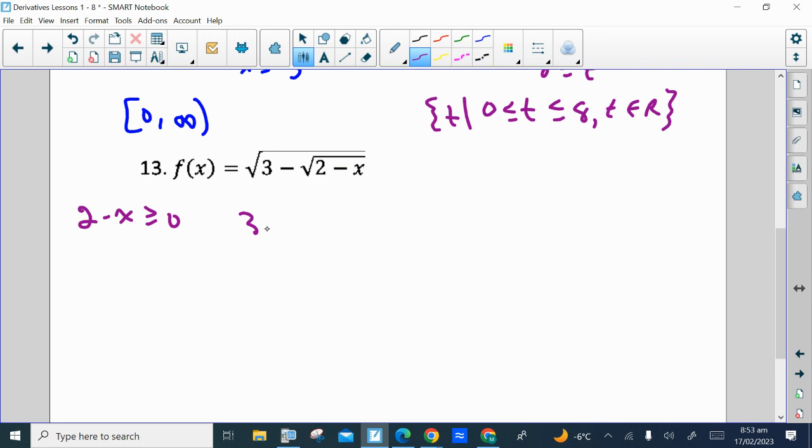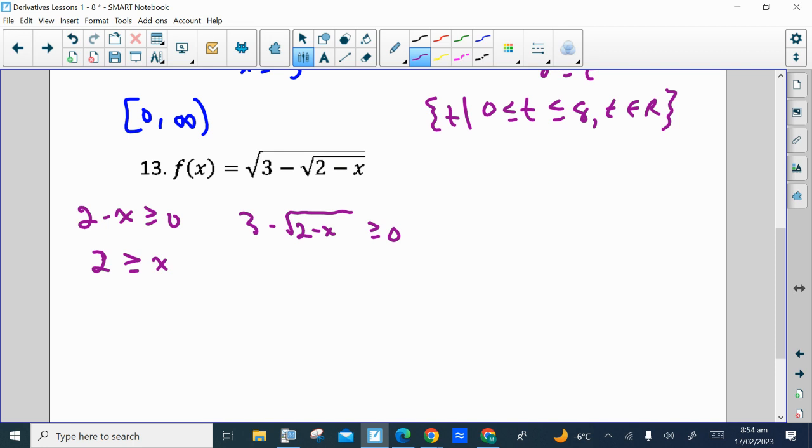As well, 3 minus the root of 2 minus x also has to be greater than or equal to 0. So the first one is fairly straightforward. I would just add the x to both sides, and now we can say x has to be less than or equal to 2.